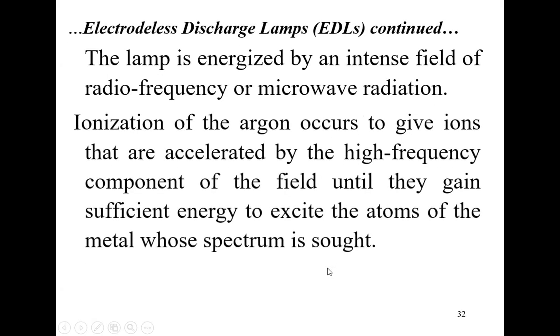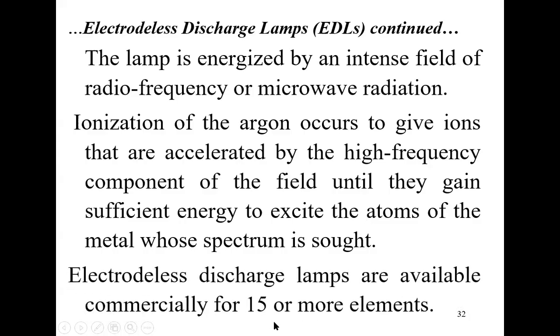Now, the lamp is energized by an intense frequency, radio frequency or microwave radiation. And again, it works on the same principle as the hollow cathode lamp. The ionization of argon occurs to give ions that are accelerated by a high frequency component of the field until they gain sufficient energy.